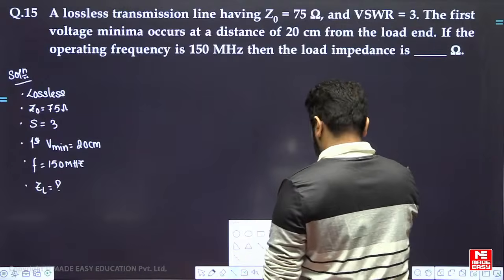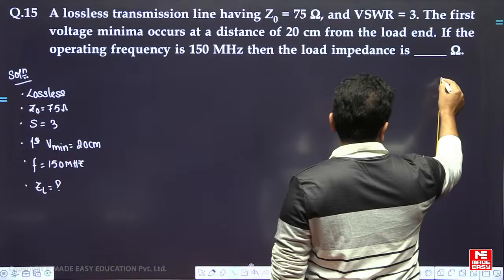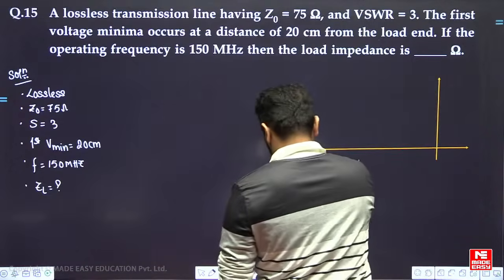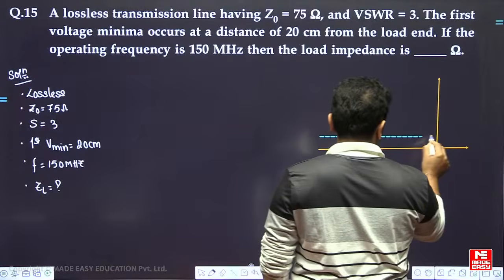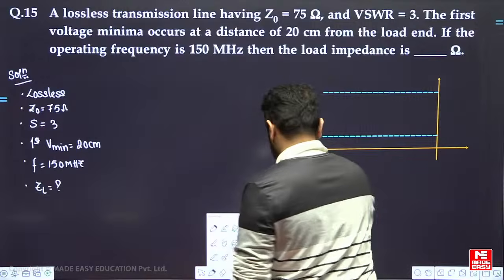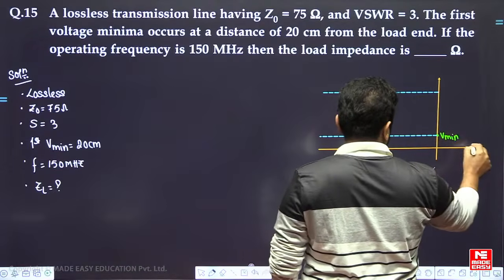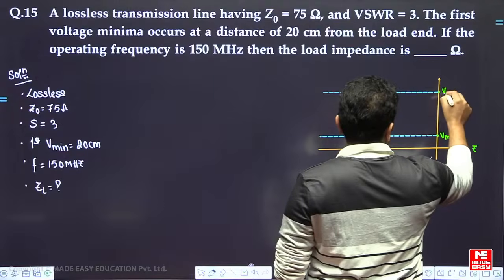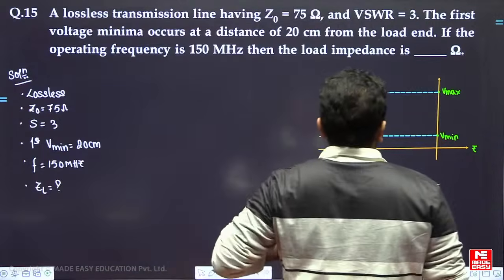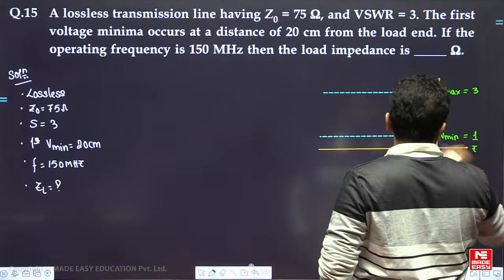Now, let us try to draw the figure first. So this is the V minima, this is Z, and this is the V maxima. It is saying that VSWR is 3. So let us say V max is equal to 3, so V minima will become 1.